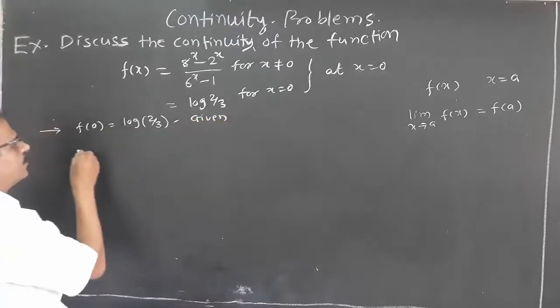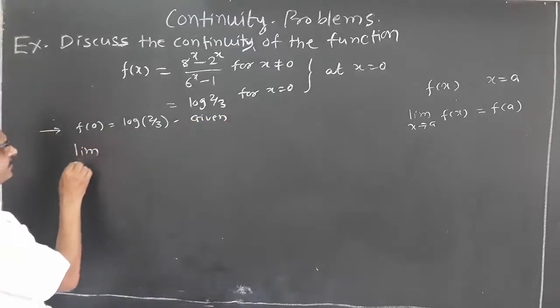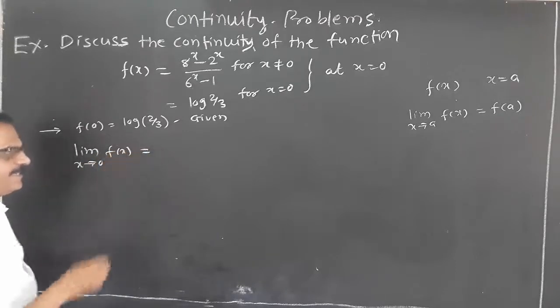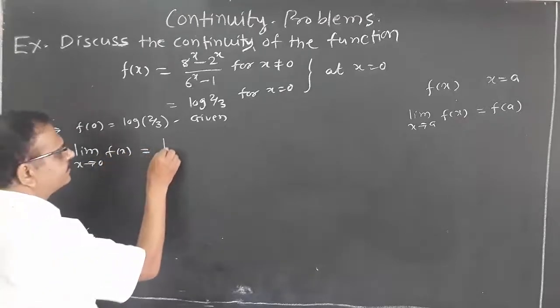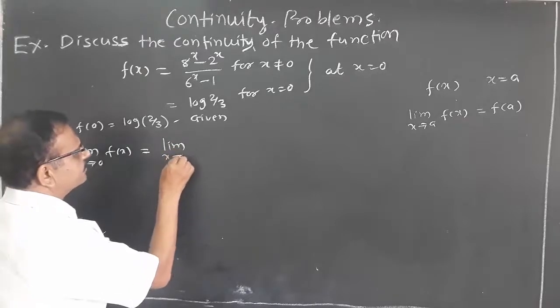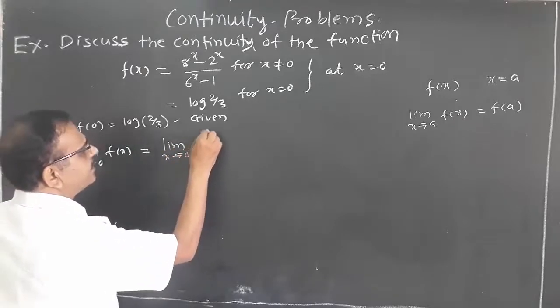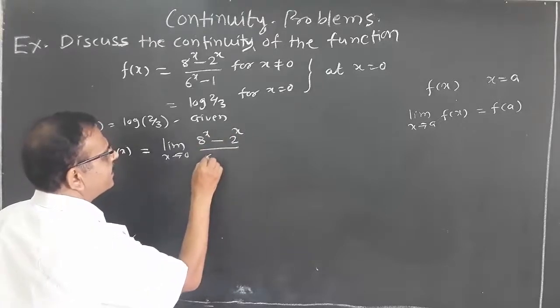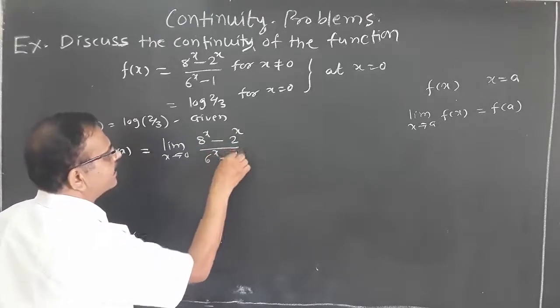Now we shall find out limit x tends to 0 of f(x). That is nothing but limit x tends to 0 of (8^x minus 2^x) divided by (6^x minus 1).